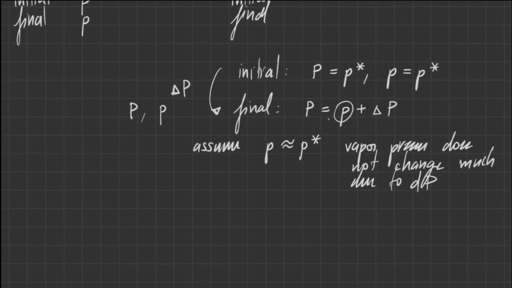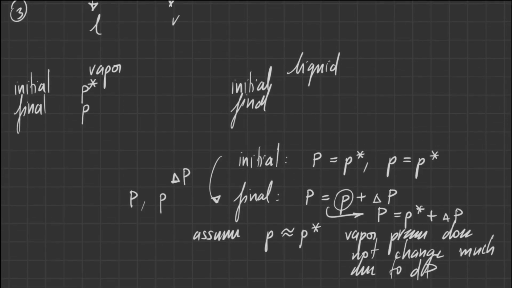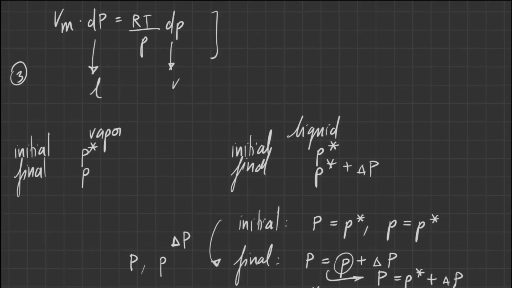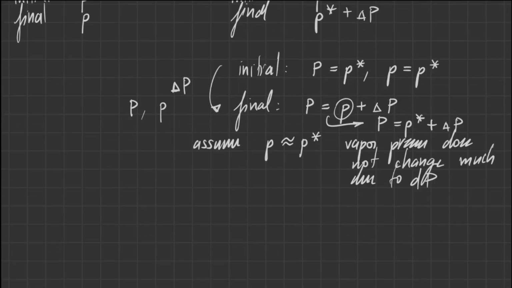So this is going to change into P is equal to P star plus delta P. Alright, so now we have our limits. Just plug in these values, P star and then P star plus delta P. So now we have our limits of integration.